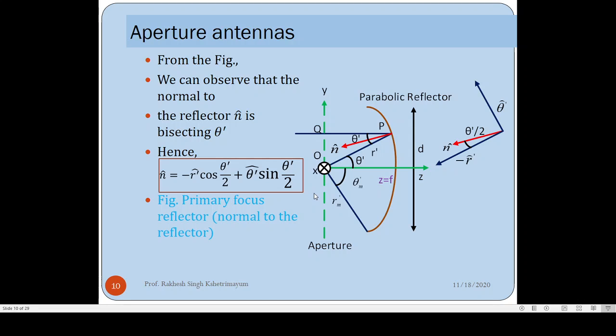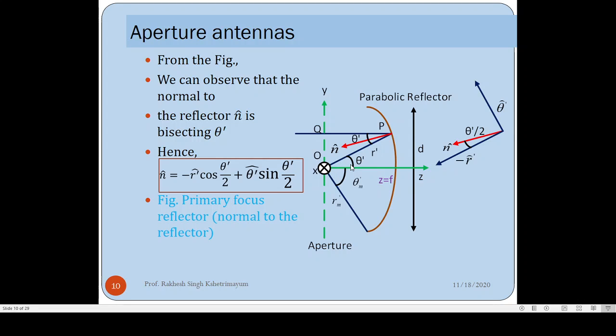Okay, so let us look at this geometrical figure here and try to find out what is the normal to this parabolic reflector. The normal to this parabolic reflector at any arbitrary point P is shown by this red arrow here. And you know what theta dash is: this angle is theta dash, the r dash makes with this z axis.